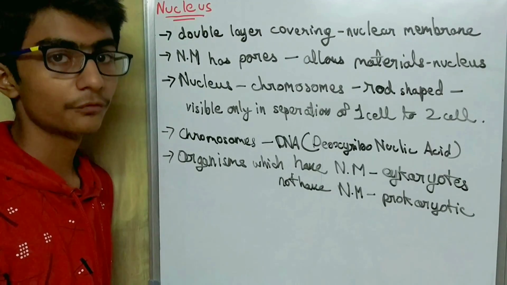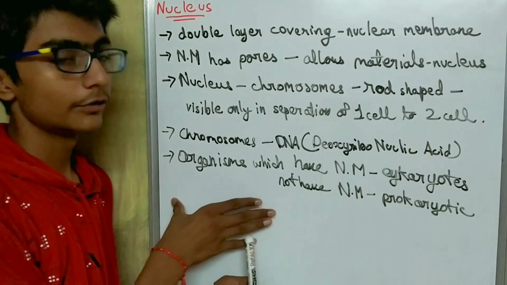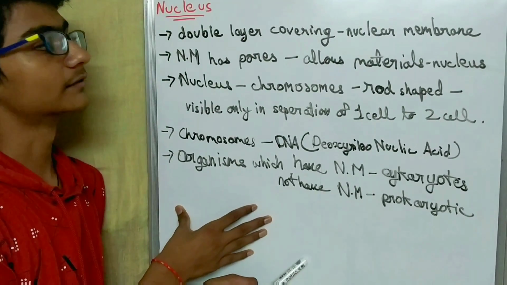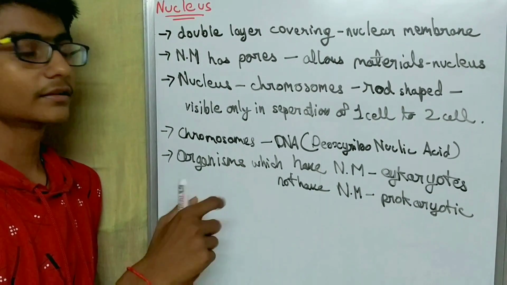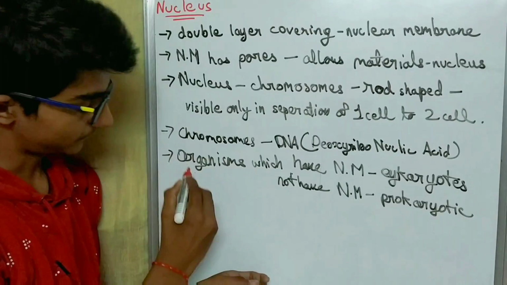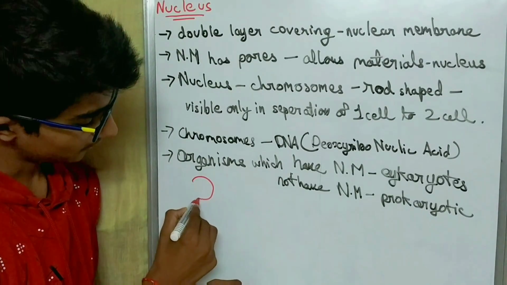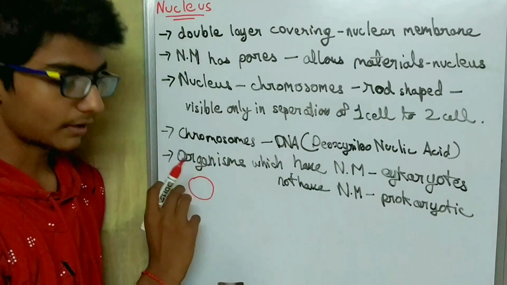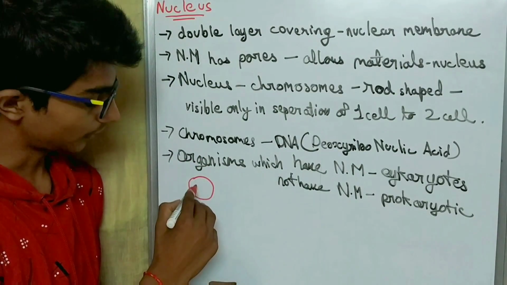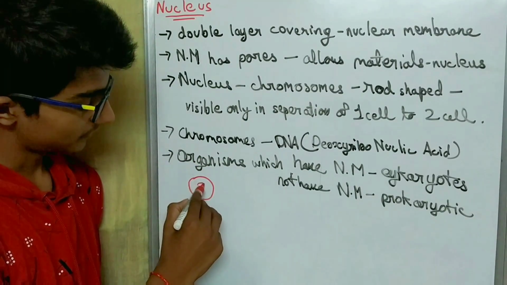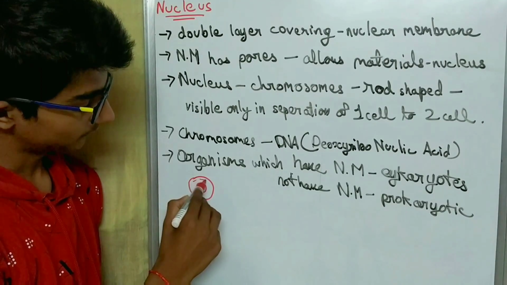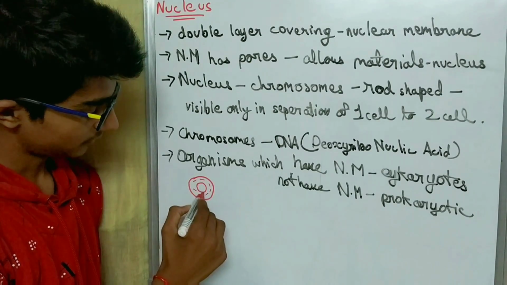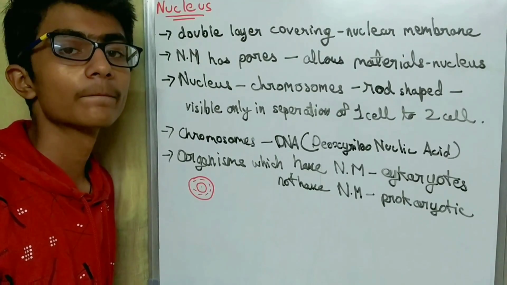So now, moving forward on nucleus. So what is nucleus? Nucleus is this. See, this is the cell membrane or plasma membrane, whatever you can call it. This is the cell, this is the cytoplasm, and this is the nucleus.